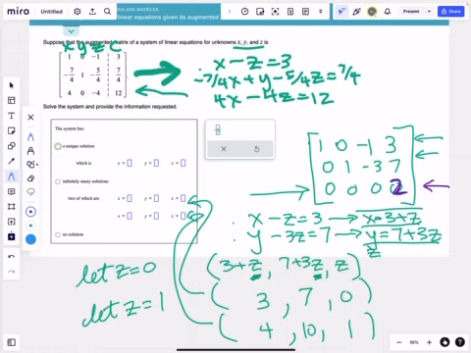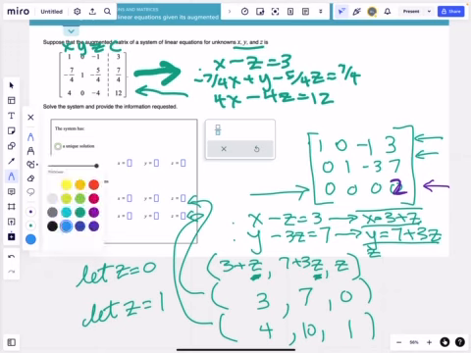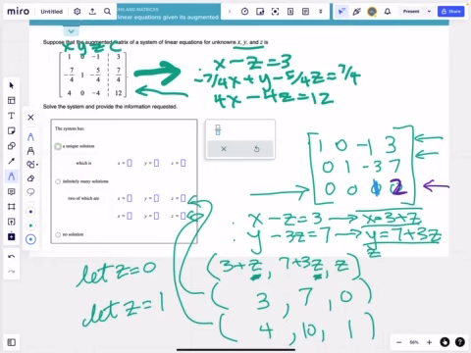Now, if by chance you have the nicest possible thing, which would be something where we have 1s on that main diagonal, 1, 1, 1, and zeros everywhere else in the first three columns, that's going to give us a unique solution, and you would find the x, y, z's just by that last column. Okay.